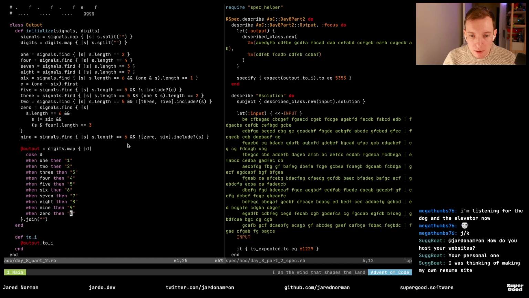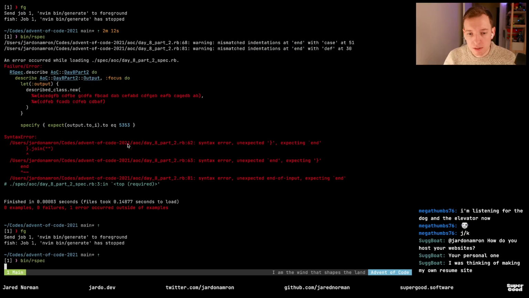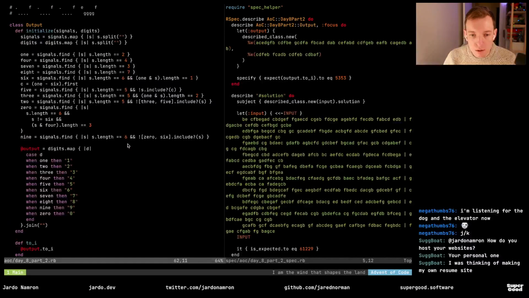Cool. I forgot how to write code. Cool. Got 0. That's intriguing. Oh, right. So this is mapping them to the digits. Then we join. What is happening? What have I done wrong?